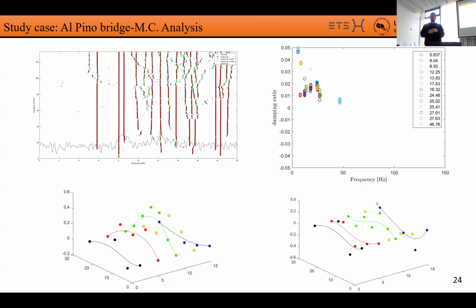So in general, I run from 50 to 100 Monte Carlo analyses, depending on how much time I have. Every run, I obtain the frequencies, the damping ratio, the mode shape. But at the moment, I'm working only with the frequencies, because using mode shapes and damping ratios could be a little bit tricky.